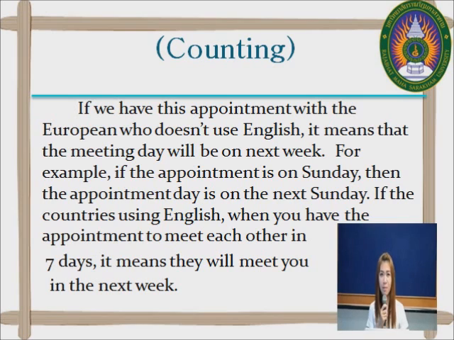If we have this appointment with a European who doesn't use English, it means that the meeting day will be next week. For example, if the appointment is Sunday, then the appointment day is the next Sunday. If the country uses English, the appointment to meet after 7 days means they will use the next week.